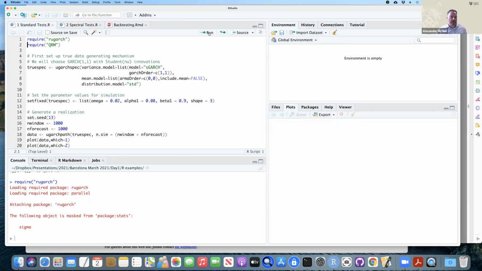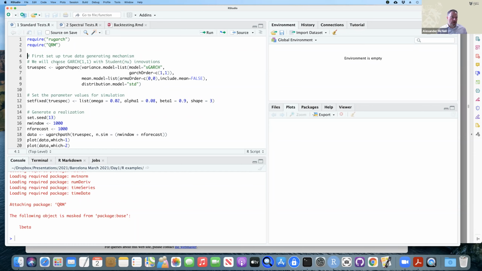And so these have to be loaded from CRAN using the install.packages command. So using the install.packages command, you would have to install these additional libraries. And I'm going to use rugarch just to show you a GARCH model because we're going to use this for backtesting in the next part.